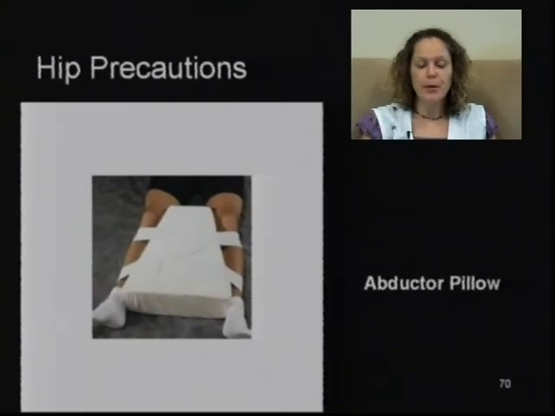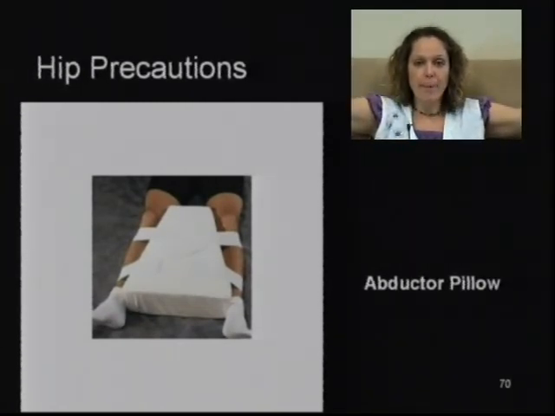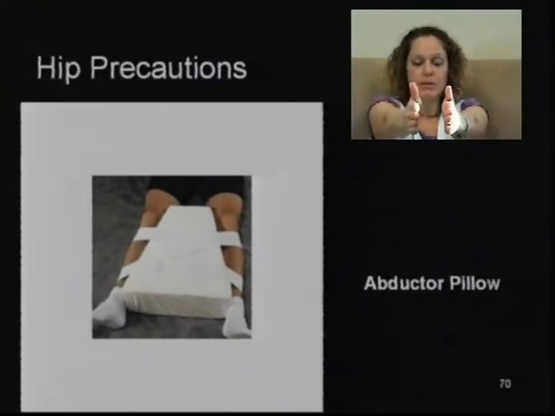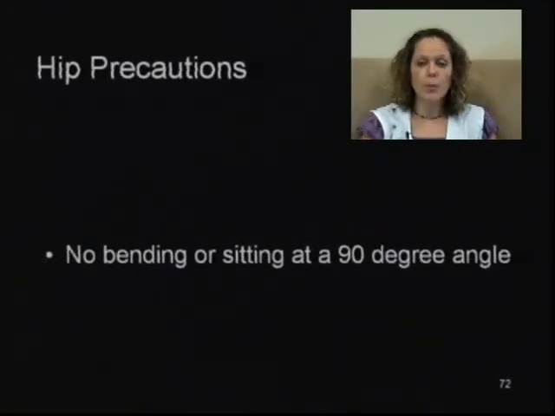So if we remember, going back to this slide, abduction again is away. So when I'm moving my arms this way, I'm abducting, and if you can see in the picture, the legs are being separated and kept apart by the abductor pillow. No bending or sitting at a 90-degree angle. In certain hip replacements, this is a possible risk for dislocating the hip that was just fixed.